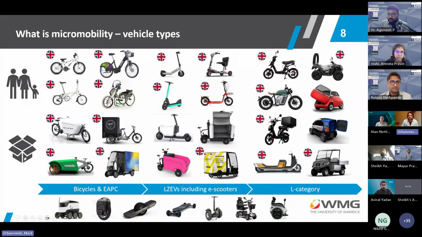We've got pavement delivery bots, we've got one-wheel self-balancing vehicles, and we've got different vehicles for people with mobility needs, from self-balancing wheelchairs to mobility scooters, all of which can be considered and may well be brought into the regulation being developed for the low-speed zero-emission vehicle space in the middle.